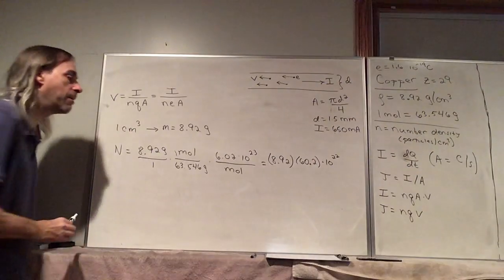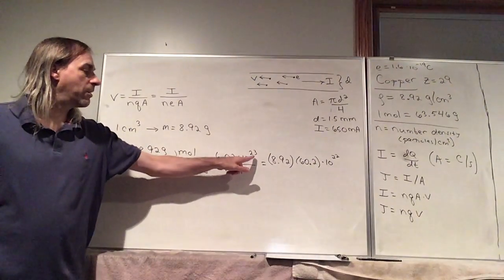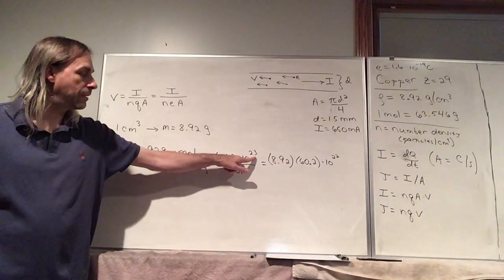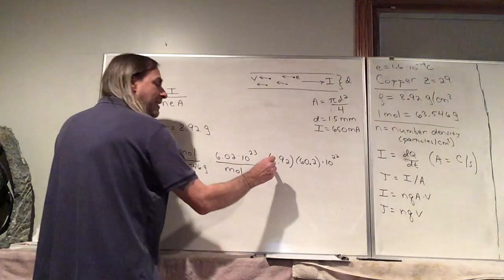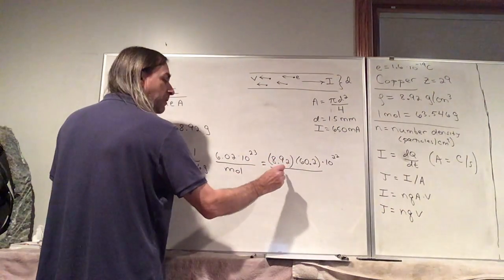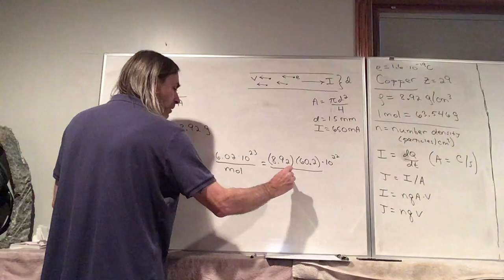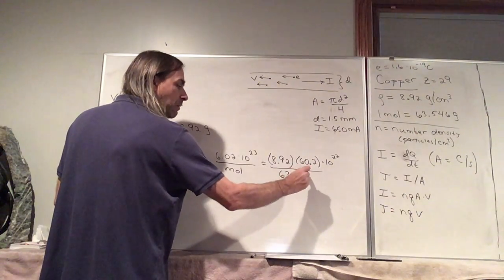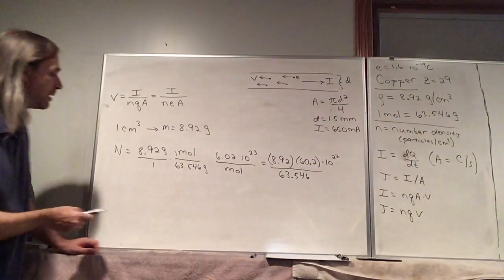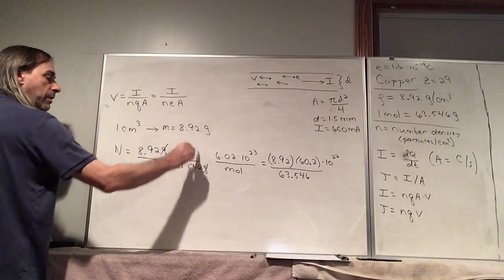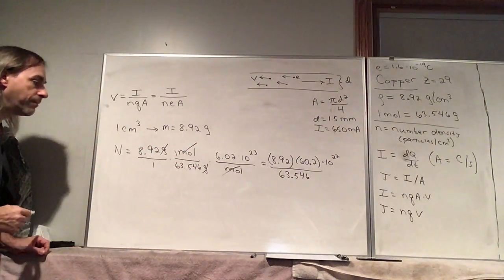So 10 to the 23rd is 10 times 10 to the 22nd. And that'll give us scientific notation now. So we're dividing by 63.546. I'll just cross off the units, they're easy enough to see in this case.